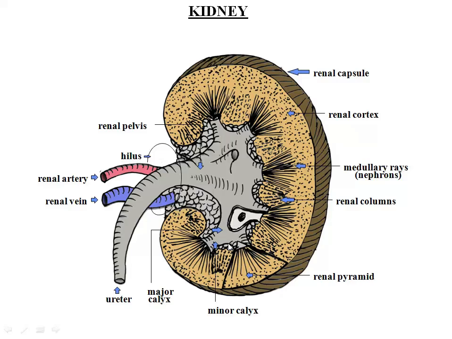Calyx is a kind of folding, or you can say a bunch where all collecting tubules come together. So this is the minor calyx, and where 2-3 minor calyces come together, that is a major calyx, and these calyces come together to form a renal pelvis, which then leads into the ureter.